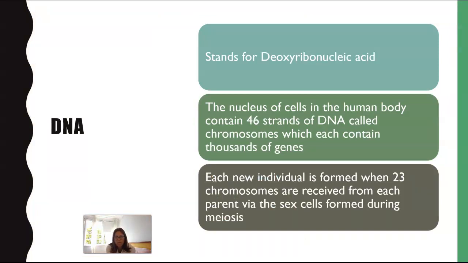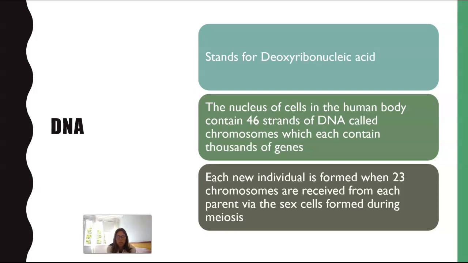So, in every cell in our body, there are 46 strands of DNA called chromosomes. And each one of those chromosomes contains thousands of genes.